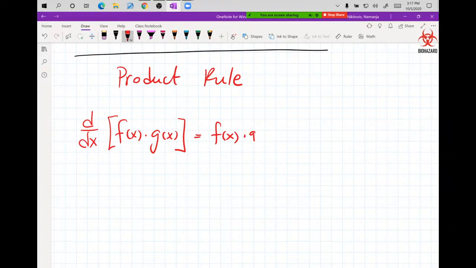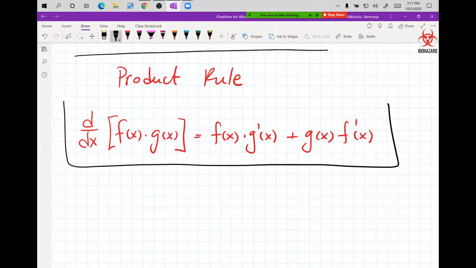And then times the derivative of the second function, so g prime, plus copy the second function, and then take the derivative of the first. So this is known as the product rule formula.